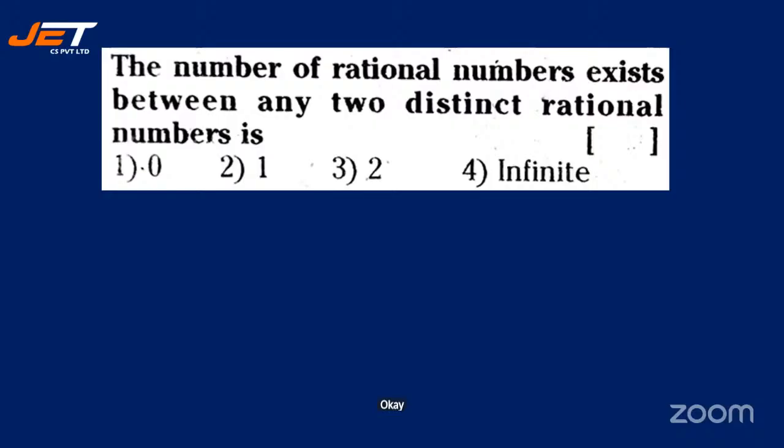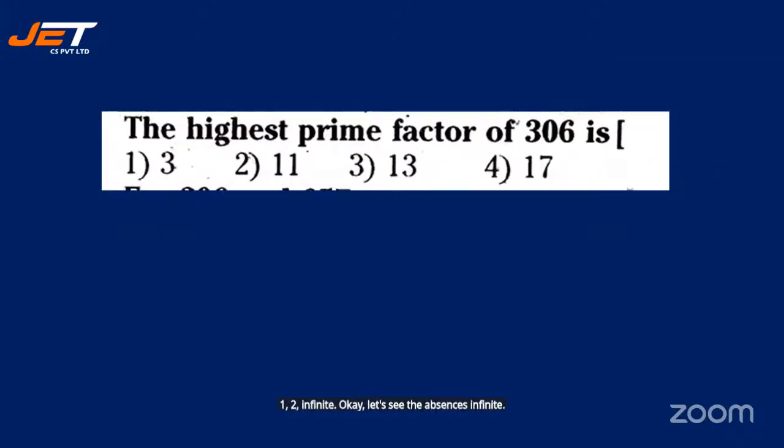I repeat, the number of rational numbers that exist between any two distinct rational numbers is dash. Okay, let's see the answer. It is infinite.